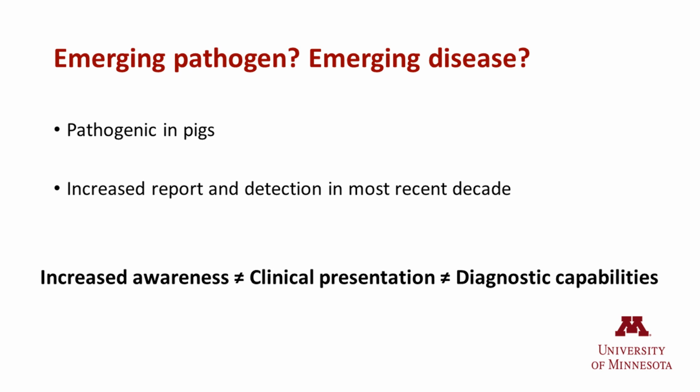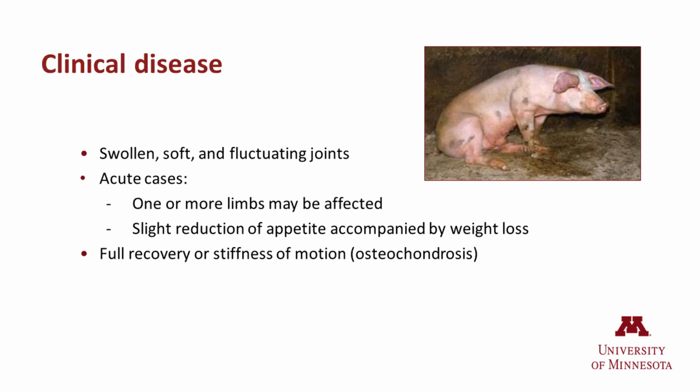Or is it because diagnostic capabilities have improved? Like 15 years ago, we didn't have a PCR test that we were running for Mycoplasma hyosynoviae on a regular basis, so now we're detecting it more. We have better tools. Is that part of the problem? I don't have an answer for all that, so just keep it in your thoughts. But we know that it does cause clinical disease.